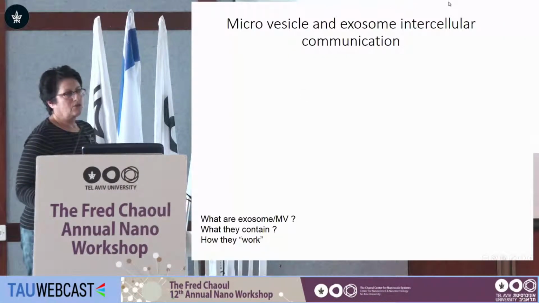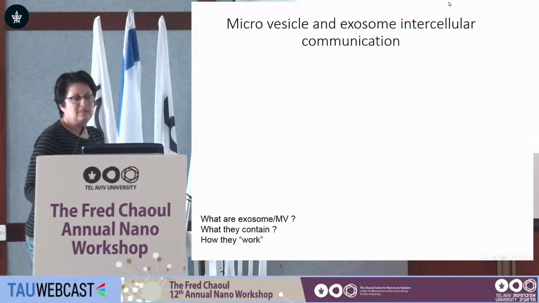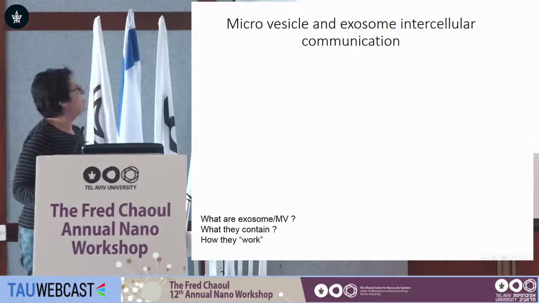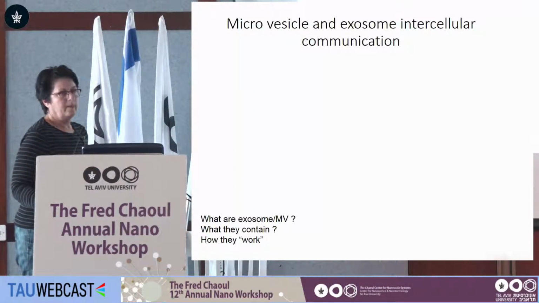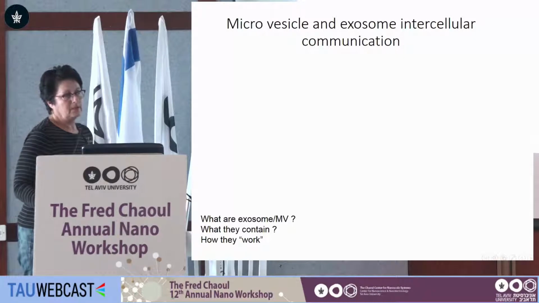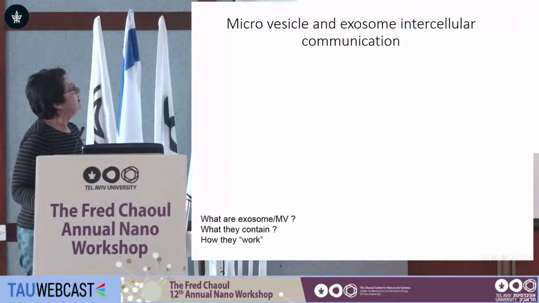And this brings us also to the interaction between the cells. And the new approach is to look not only at secreted factors and the interaction of cells with the ECM, but also how they are sending natural nanoparticles in this community.